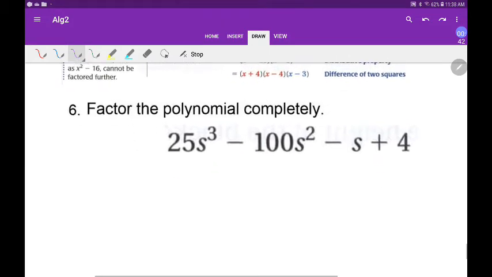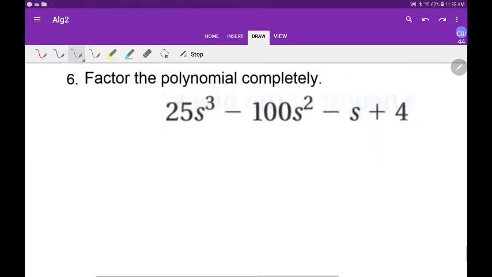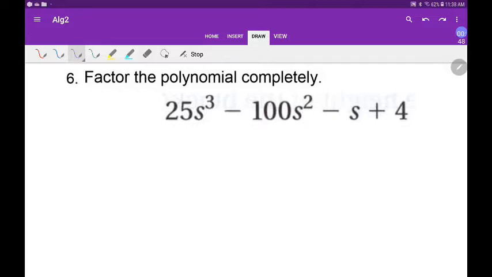They've done some of the work for us, and if you look at it that way, we didn't have to think of factors of AC that add up to B. This is already set up for us. Let's see, these first two things, well, 25 comes out of 25 and 100, so we'll say 25 comes out, and you can see that there's three S's and two S's, so S squared comes out.